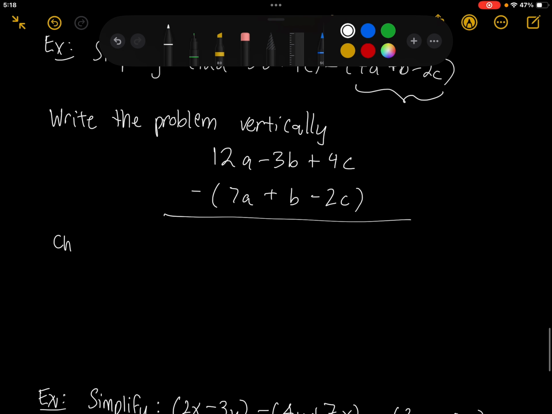Now we change the signs and add. So remember, when it's minus 7a plus b minus 2c, we're subtracting 7a, and then subtracting b, and then subtracting negative 2c.